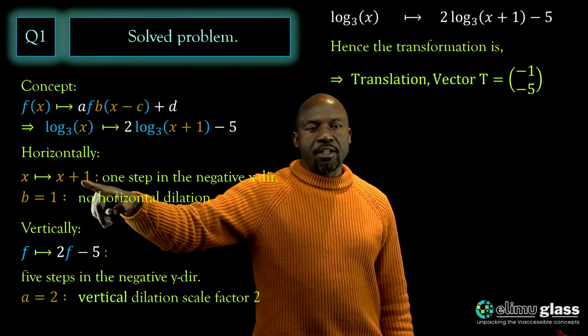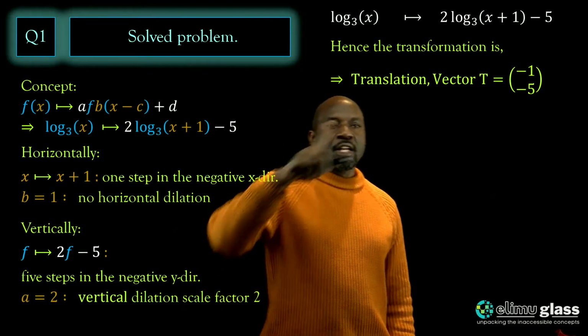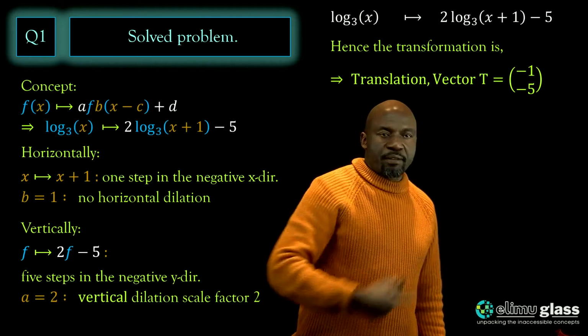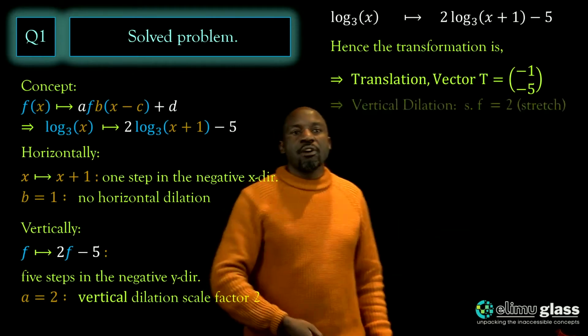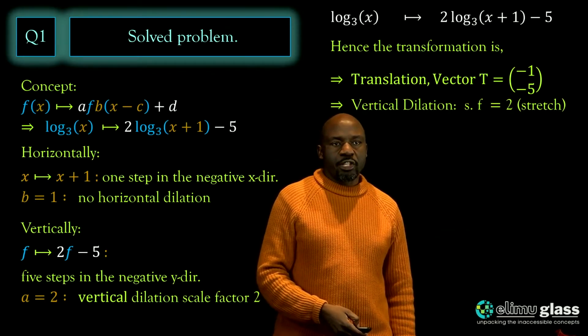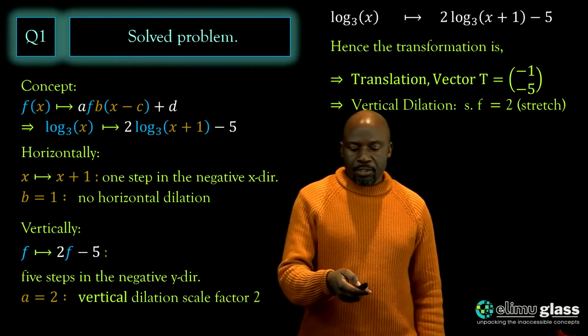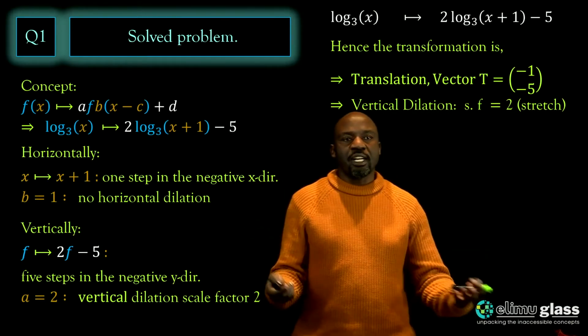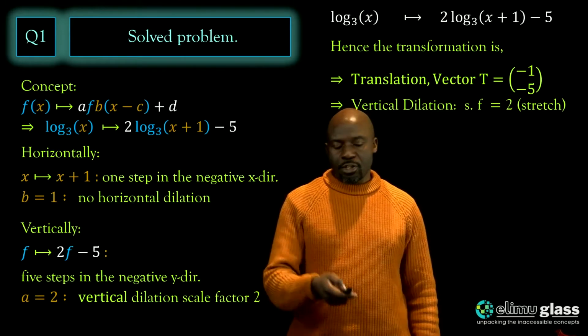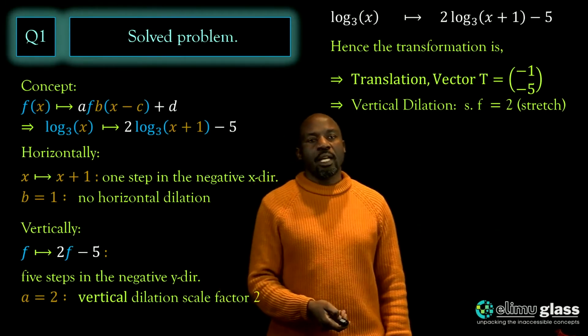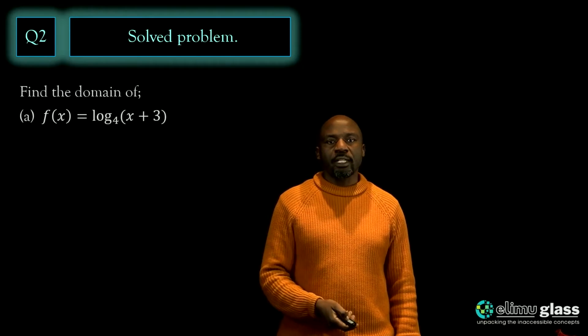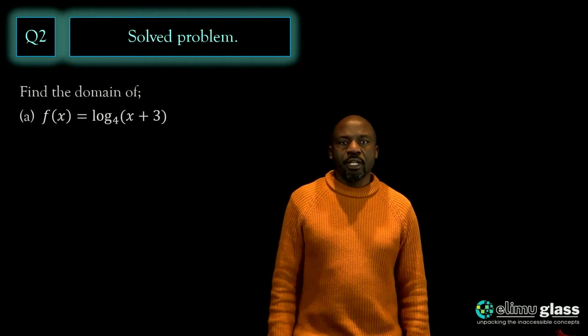So negative 1 step in the x direction and 5 steps in the negative y direction is a translation, followed by a vertical dilation, you can say stretch of scale factor 2. Okay, so that's how you answer that question. If you haven't gone into transformation, don't worry about it until we get there. All right, let's move to the next question.